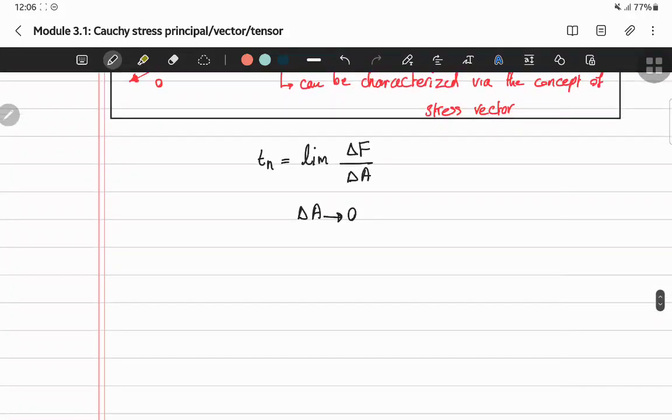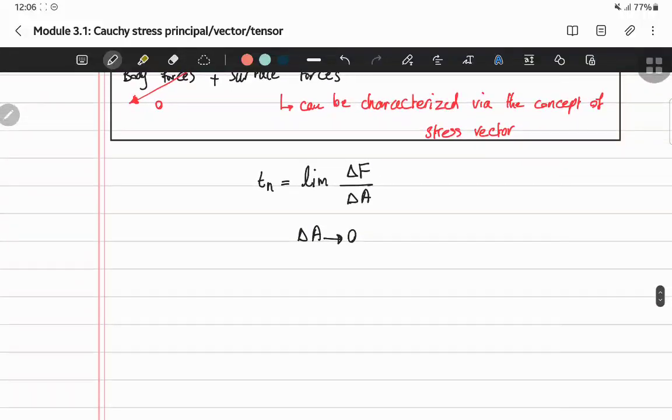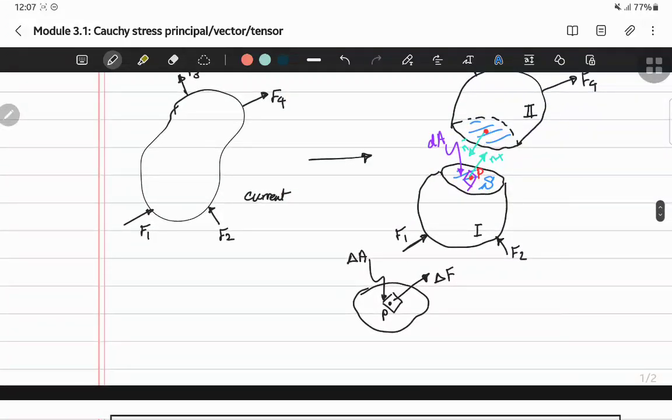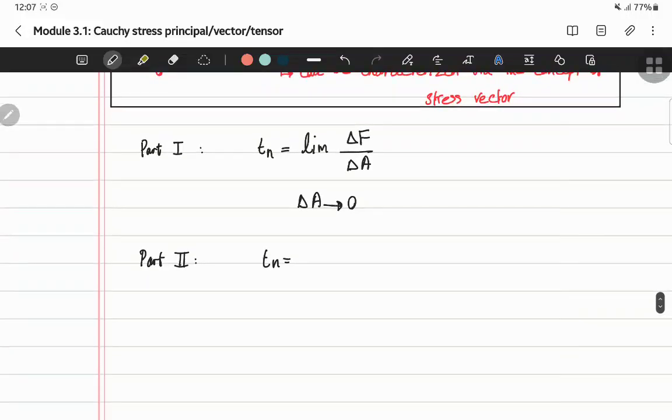This is for part 1. If I write this for part 2, I get Tn equal to, here I have del F in another direction.